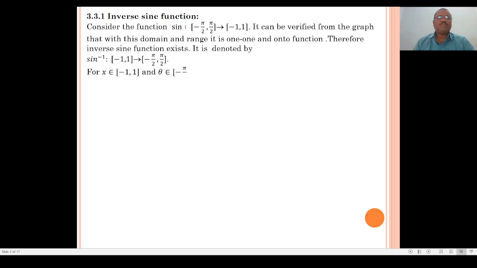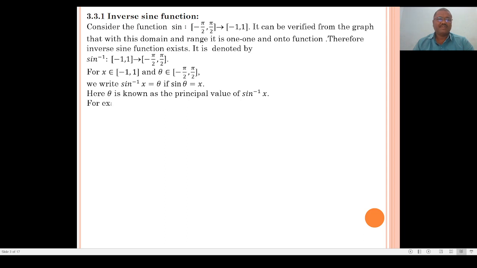For example, x belongs to closed interval -1 to 1 and theta belongs to minus pi by 2 to pi by 2. We write sine inverse x equals theta if sine theta equals x. Here theta is known as the principal value of sine inverse x.